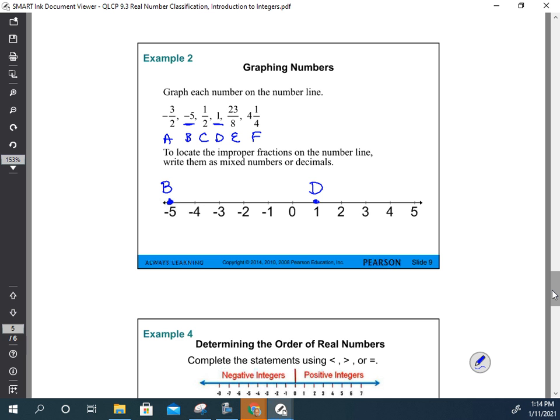If they're fractions, make them decimals. Decimals are easier to graph than fractions. Think about when you were in 8th grade, Algebra 1, how much you probably hated graphing a fraction. If you don't like graphing fractions, make it a decimal. So -3/2, if you divide it out, is the same thing as -1.5. So that would go between -1 and -2.